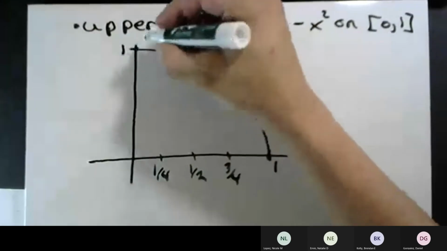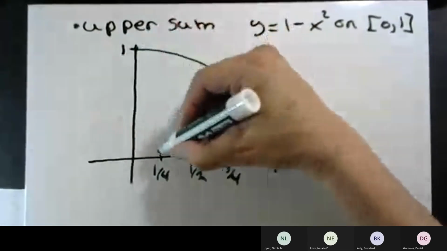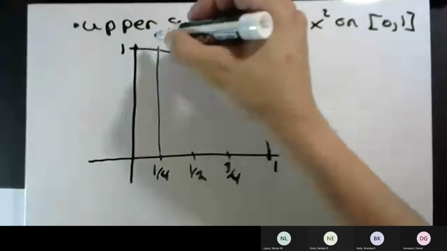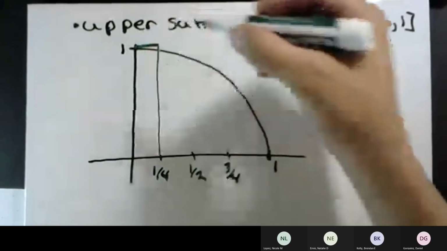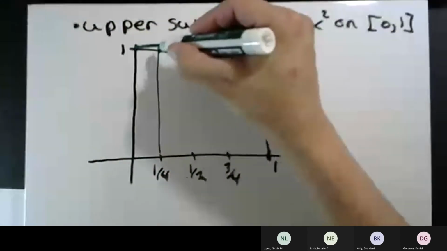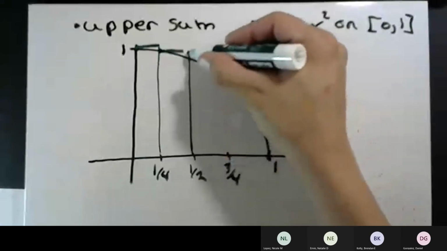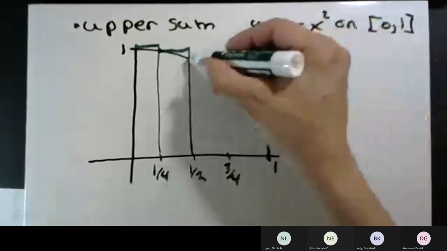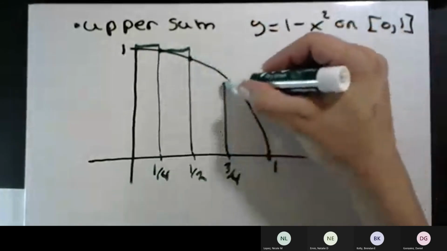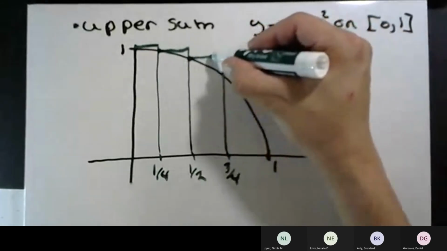So for this rectangle, the highest y value it could possibly have would be 1. For this next rectangle will be here. We'll take a look at what those actually are. This rectangle, and pardon any artistic license, we have this.